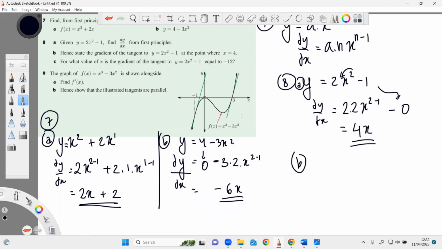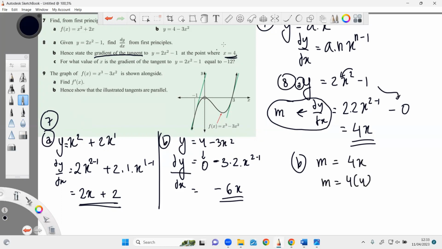Hence, state the gradient of the tangent. So the gradient of the tangent is always equal to the dy/dx, or the first derivative. So where x equals 4, the m equals 4x, which is 4. Put it here. So you will get 16.